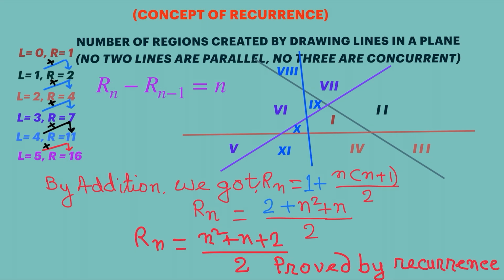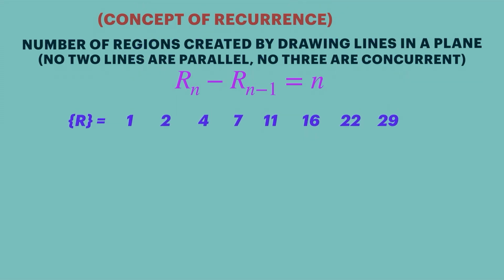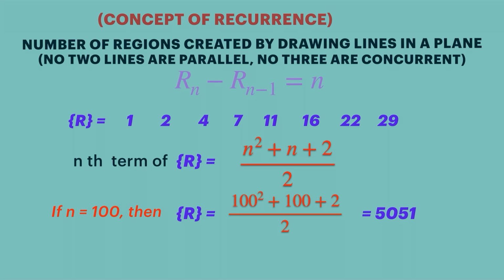And if we put the value of n equal to 100, then for this question there are 100 lines. So if n equal to 100, then we can calculate the value of the number of regions, that means R, that is the same 100 square plus 100 plus 2 by 2 equal to 5051.